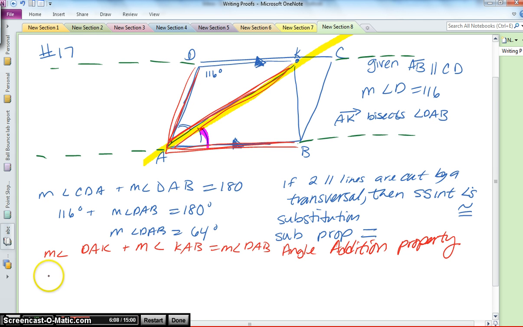Now we also know that ray AK bisects angle DAB, and that's from the givens.